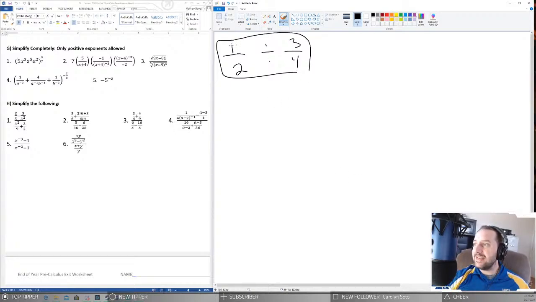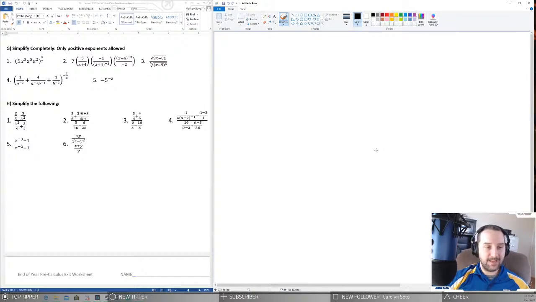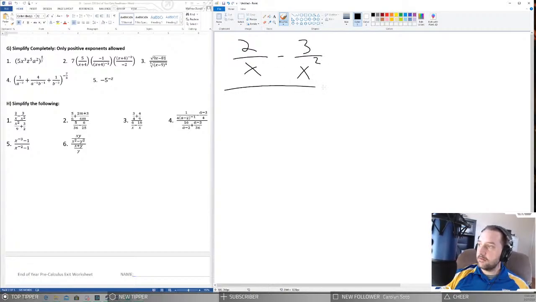So what we need to do is combine our fractions together as much as possible. So for example, I have 2 over x minus 3 over x squared, all over x squared over 9 plus 3 over 2. So I have 2 fractions. I want to combine that into 1 fraction.